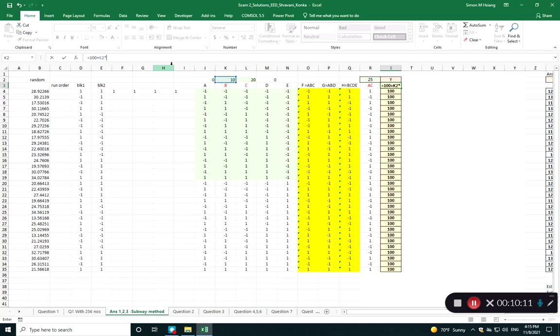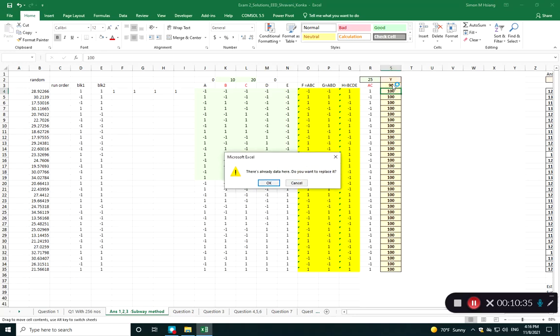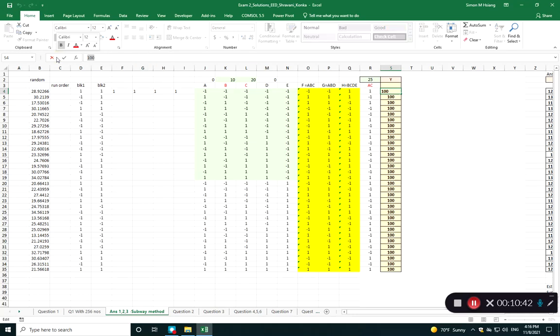And then the B effect will be times either positive 1 or negative 1. So I'm going to lock my B effect. Okay? So I'm just locking my B effect. Sorry, should be here. Let me redo it. This is equal to a central station 100.